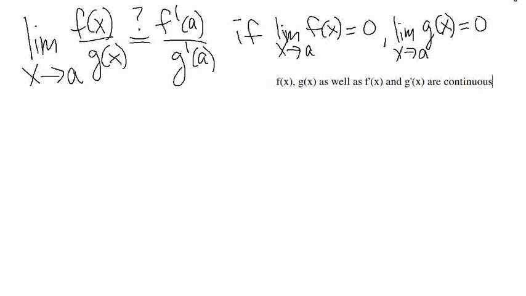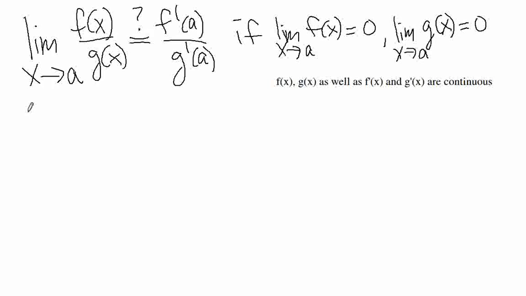But also the top and bottom functions are continuous, and not only that, but their derivatives are continuous. Now for that situation, and that, by the way, comes up a lot. Sine and cosine are continuous as well as their derivatives. Any polynomial is continuous as well as its derivative. So for this wonderful situation, let's do the following.